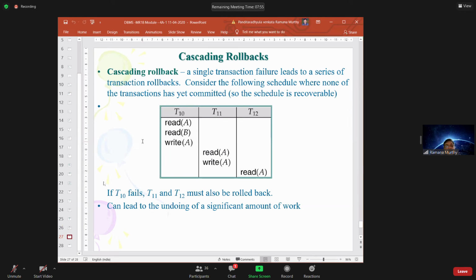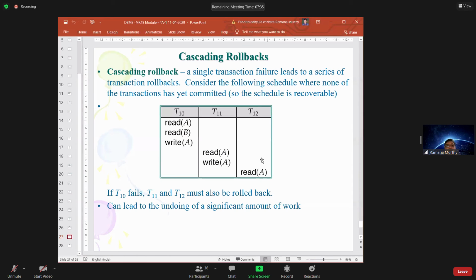Say for example, now cascading rollbacks. T11 is reading the value which is written by T10. T11 is reading a value which is modified by T10. After that, T11 is also modified.